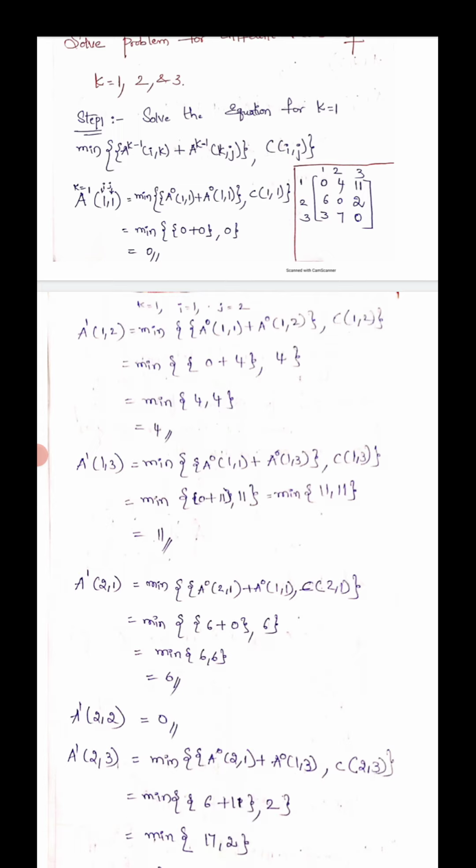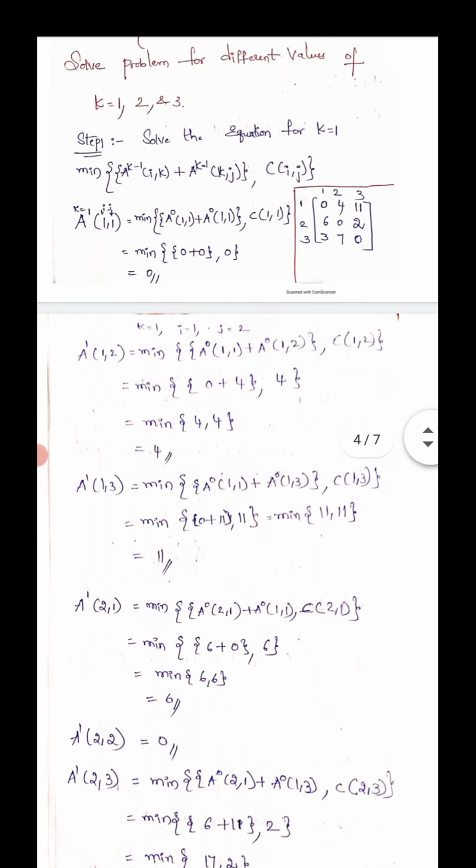Okay. Now we have to look at the formula: minimum of A power k minus 1, in the sense 1 minus 1 is 0, A power 0 of I comma k, I in the sense 1 comma k in the sense 1, plus A power k minus 1, in the sense A power 0 of k comma j. K how much? 1 comma j how much? 2 comma c of I comma j, in the sense c of 1 comma 2.